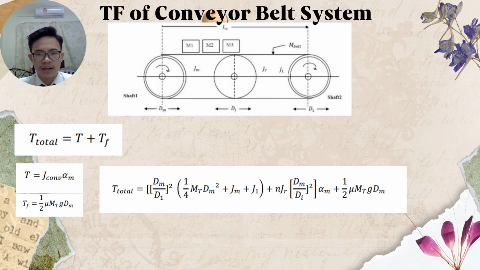By summing it, we get the overall equation on the right hand side, which is the total torque.